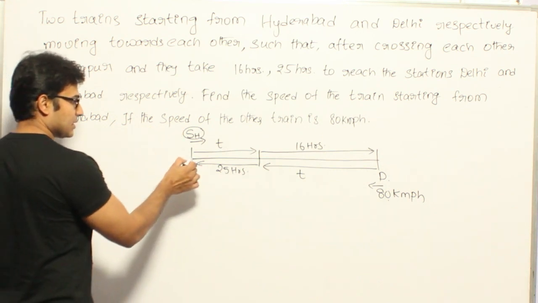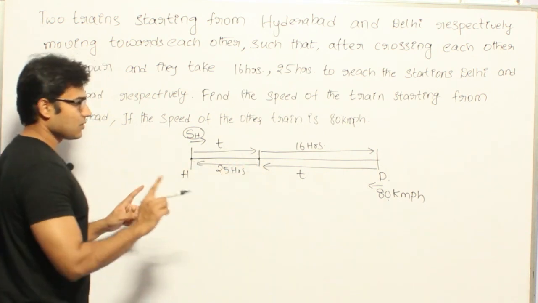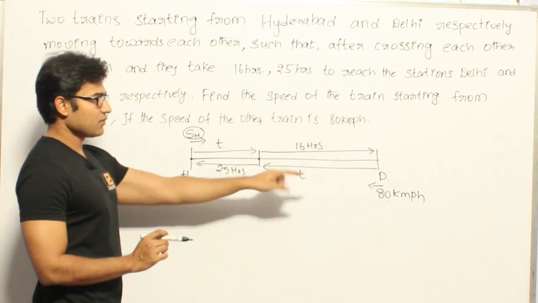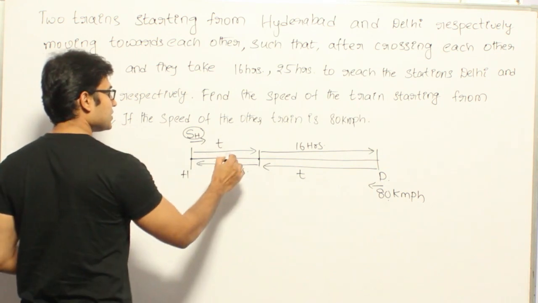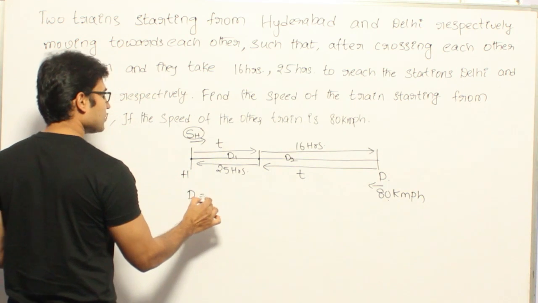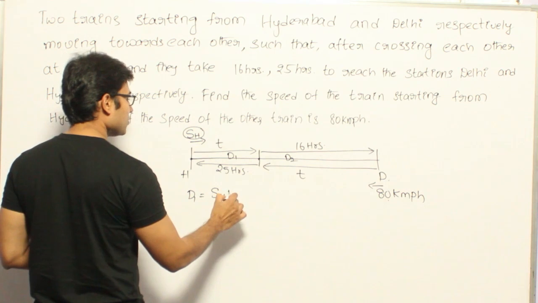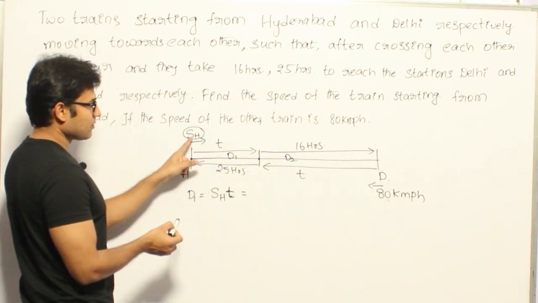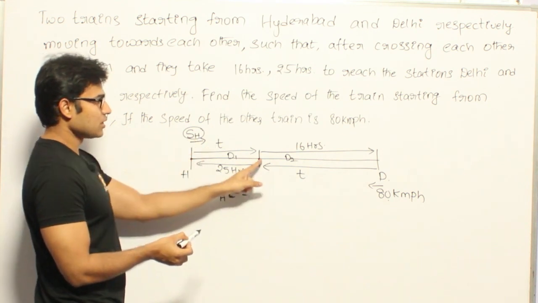Now we can express this entire distance in terms of two speeds. In terms of SH I can express it, as well as in terms of 80 kilometers per hour I can express it, right? Let us say this distance is d1 and this distance is d2. I can express the distance d1 in terms of two speeds. One is SH into t, because SH is the speed and t is the time taken by this train to reach from here to here.